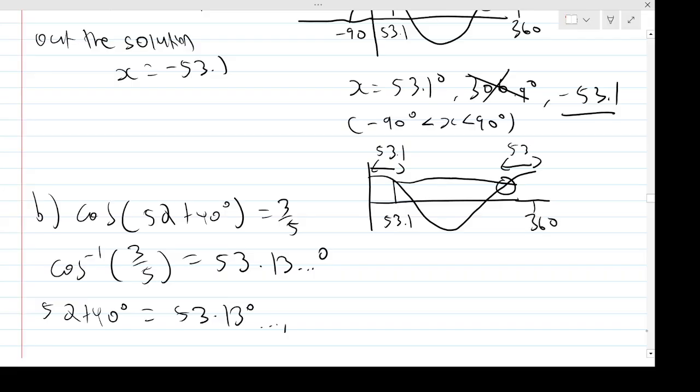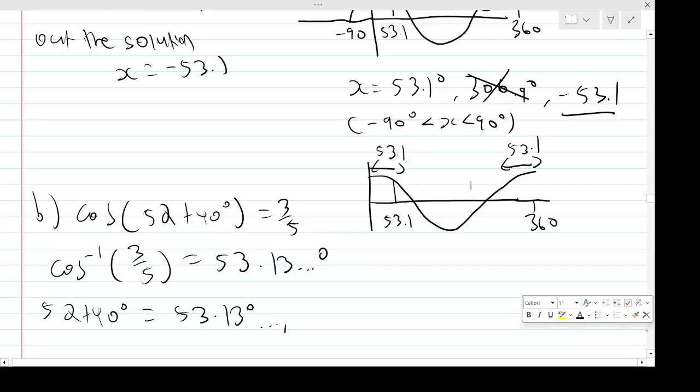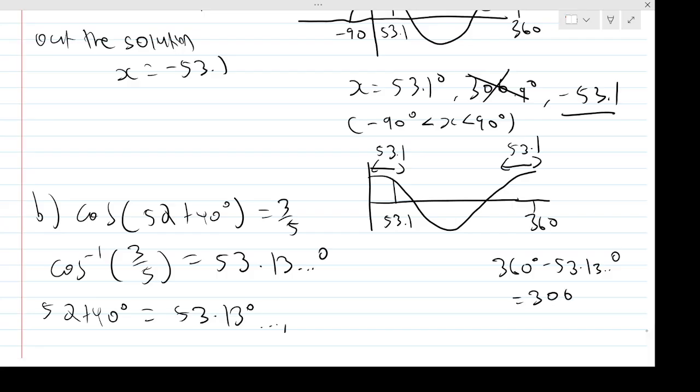That same gap is 53.1. So that means the next solution is 360 take away this 53.1. If I put that in the calculator, the next solution would be 306.869 blah blah blah degrees. So if I write that down here to my list of solutions, there we are.